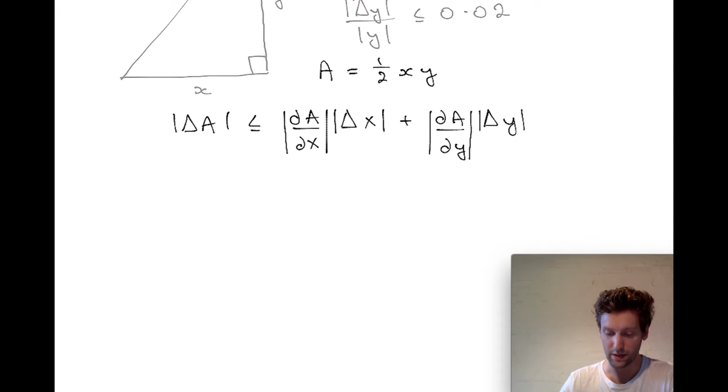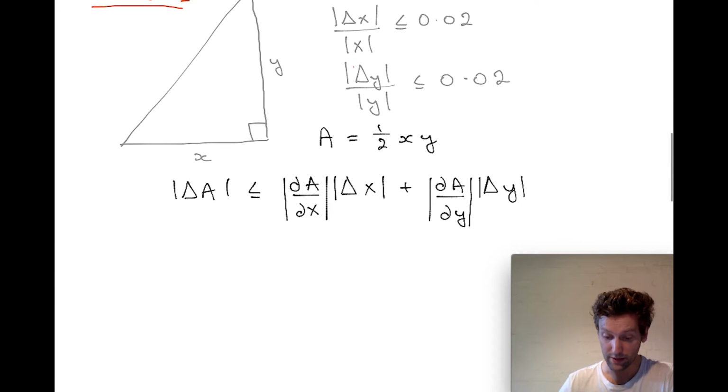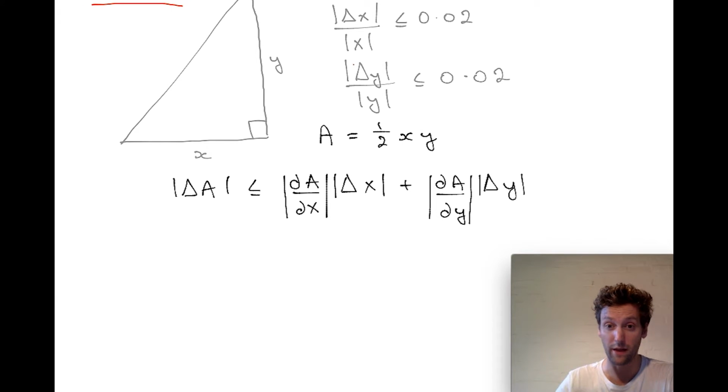So again, you notice that we're using the maximum possible error expression here. So it's got a less than or equal sign, and everything has absolute value symbols on it to indicate that all of the errors have to combine to give us the maximum possible error.